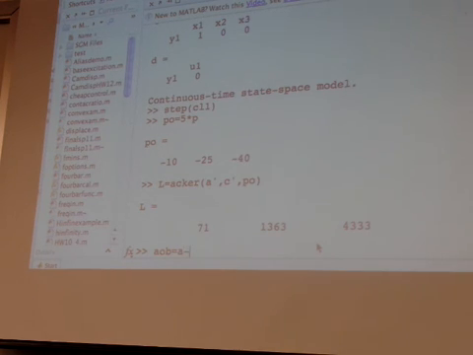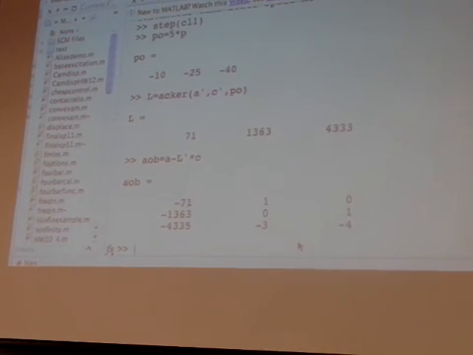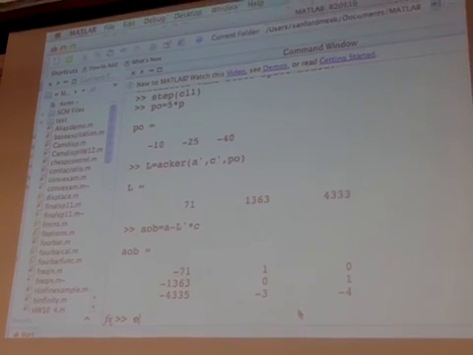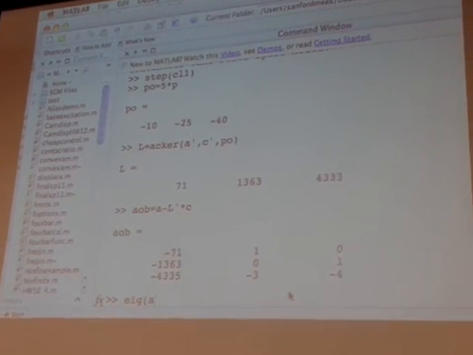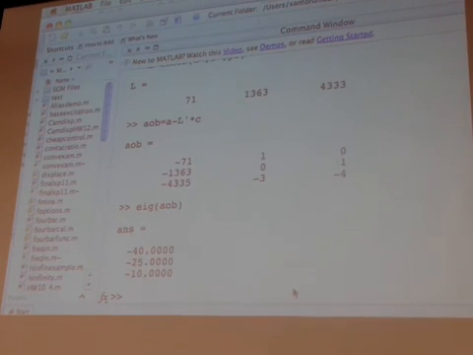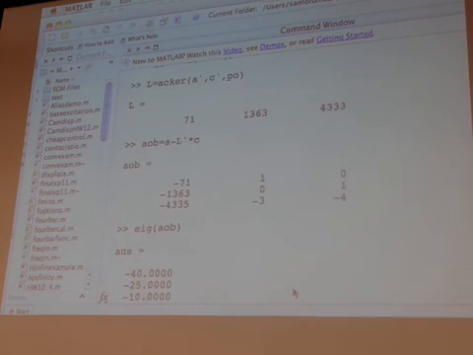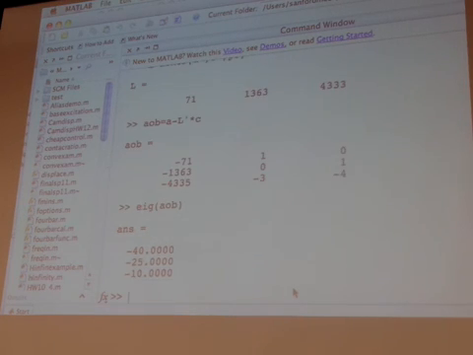A minus, not CL, it has to be LC, where L is the transpose. Let's check the eigenvalues of the observer. Are they where we want them? Minus 40, minus 25, minus 10. So they're indeed in the right place.